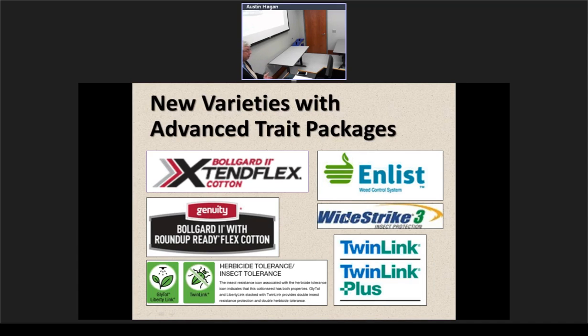And then, of course, the next issue when we deal with varieties is the fact that we've got a lot of new varieties coming out with advanced, particularly phenoxy herbicide traits, and we're going to have Bollgard 3 and WideStrike 3, so we've got 3 Bt traits in varieties, and they're just coming online. At this point in time, we have screened very few of these varieties for target spot.